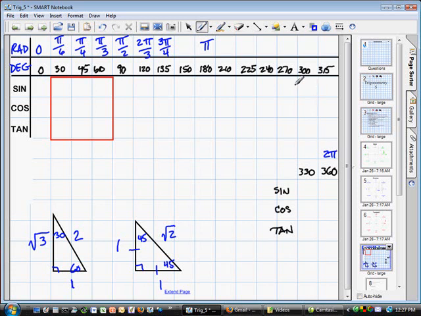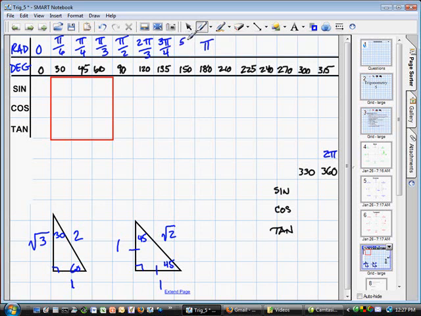I ran out of room for my chart, so you notice my last two angles are down below here. So if 180 is pi, and 150 is just 30 degrees short of that, that means 150 is 1/6 pi short of a whole pi.